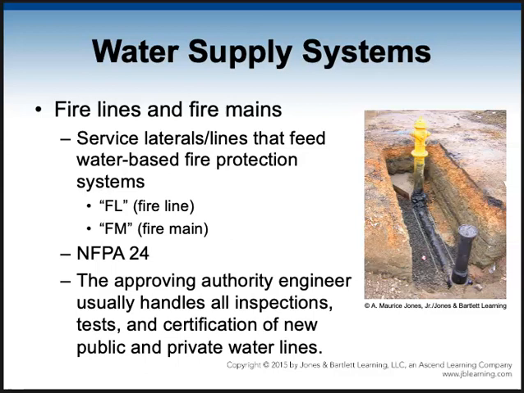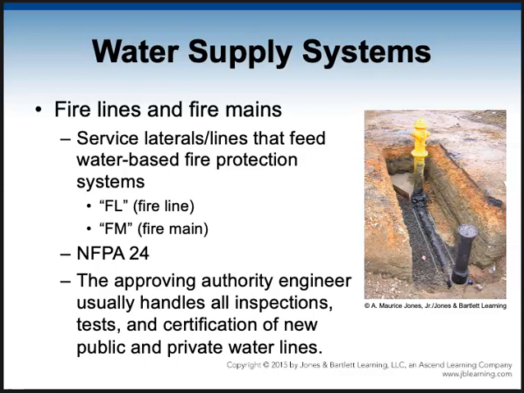So NFPA 24 tells the contractor and the fire protection system manufacturer exactly the details of how the water supply comes. Now there's going to be a different standard for the fire sprinklers, for the fire standpipes, but getting the water to those systems, that's NFPA 24.